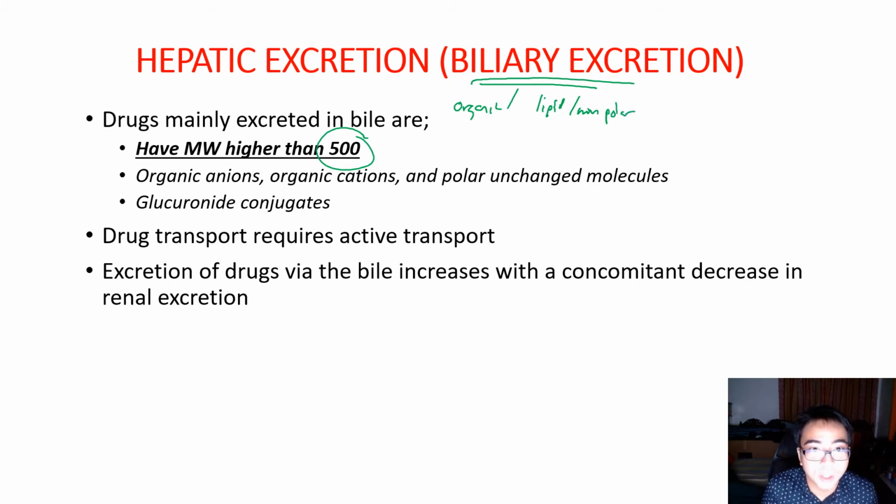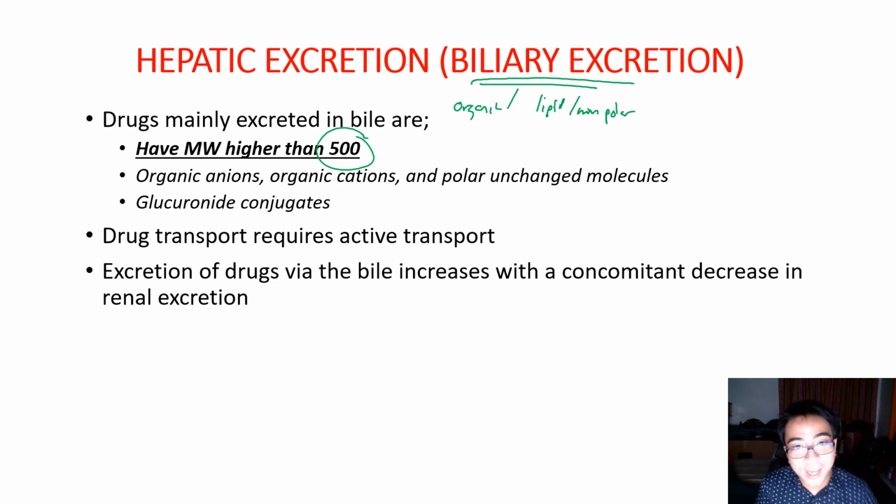Okay? Kasi, class, ano lang ba usually ang mga substances with molecular weight higher than 500? Usually oils. Okay? So, most oily substances, class, or compounds that are of high molecular weight are excreted by the biliary excretion. Ito naman, class, yung pag-excrete natin ng gamot or ng substance sa poops. Okay? Sa feces.